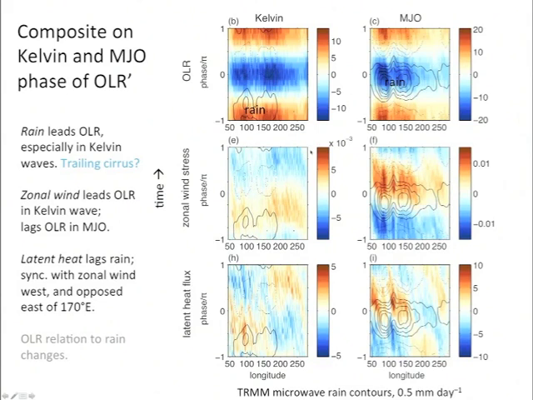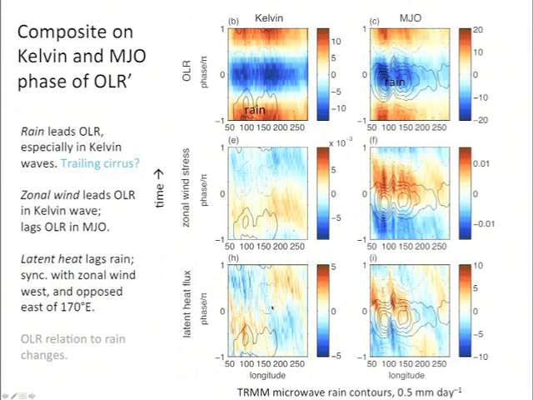But the dynamics of the Kelvin waves and the MJO are also different in terms of the phasing of the wind stress. Actually, the wind stress seems to be phased more or less the same as the rain, but quite differently to the OLR. And I would say probably it's the same story for the latent heat flux.